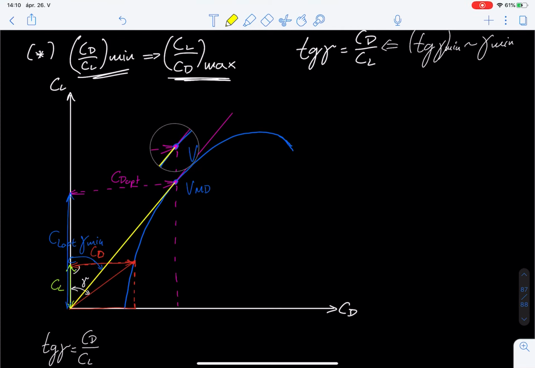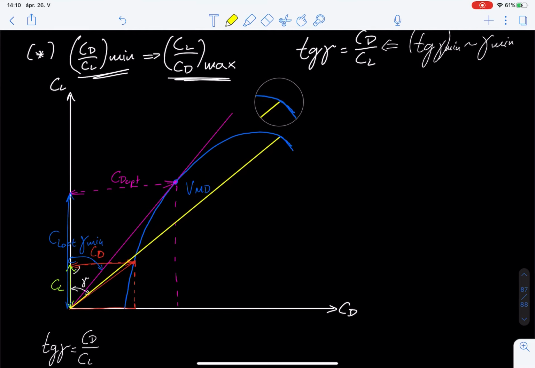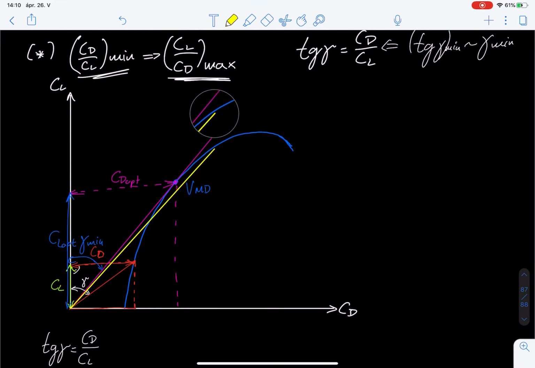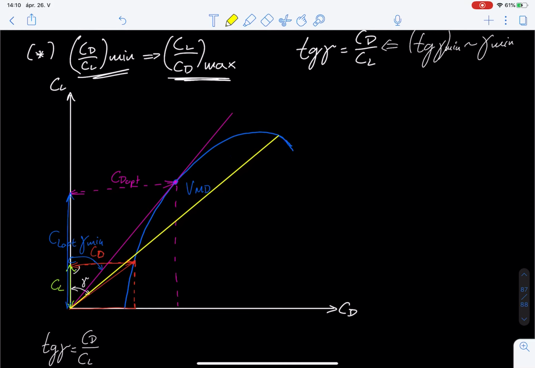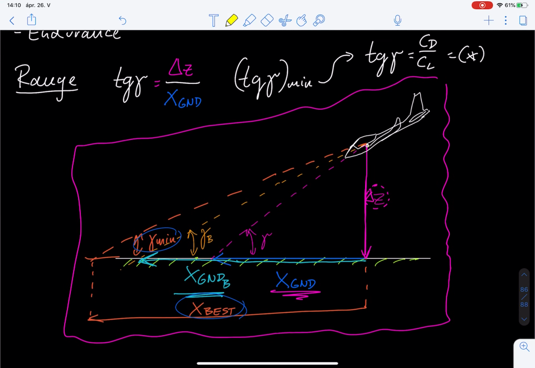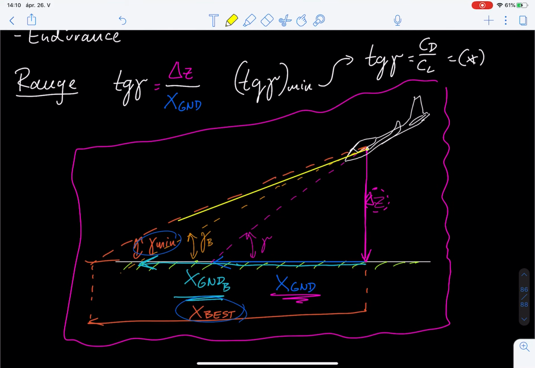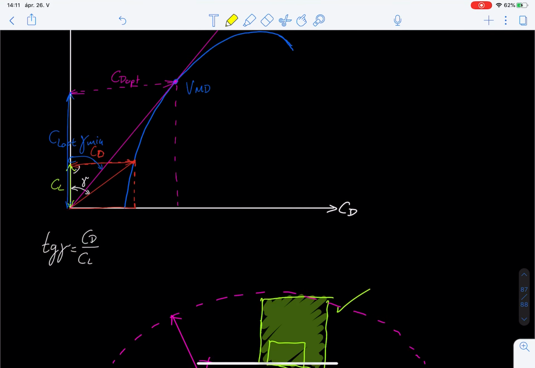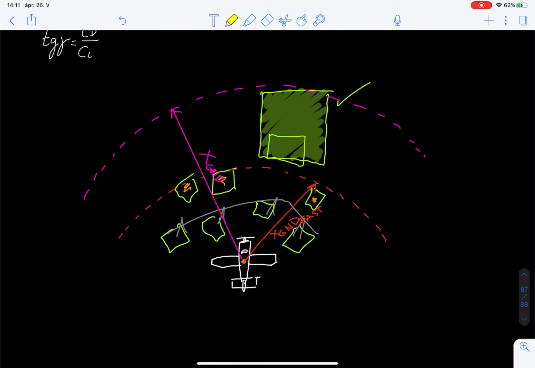So from this point, if you start flying slower, it means that you're essentially moving along this side of the curve. Well, as you can see, again, because we're outside of the optimum, your flight path angle is going to increase compared to the optimum. So your range is going to decrease.